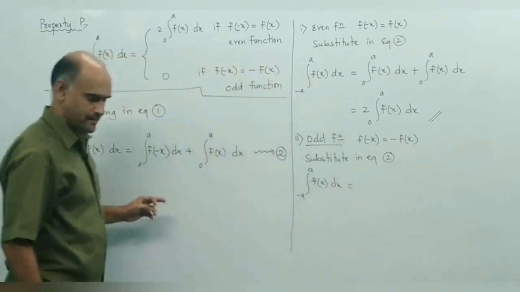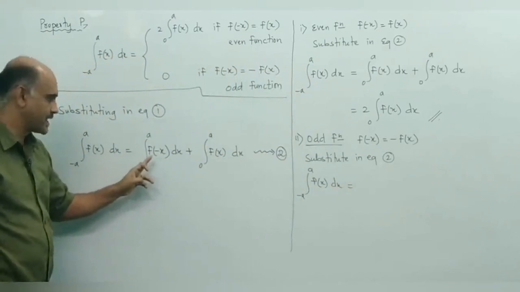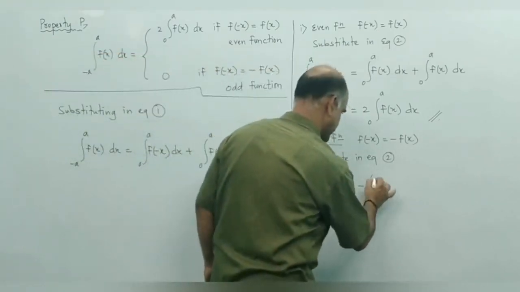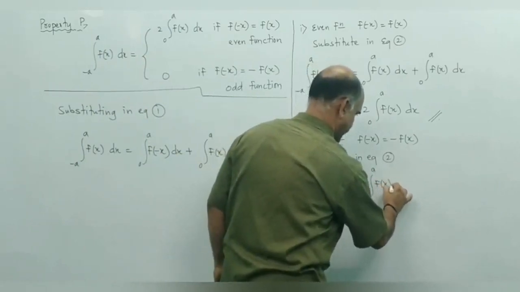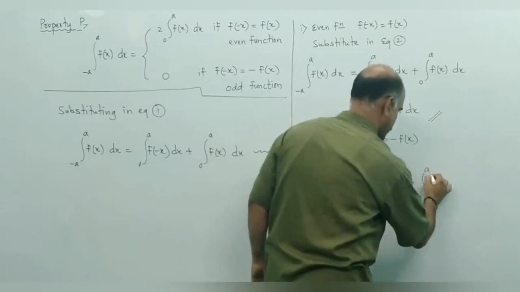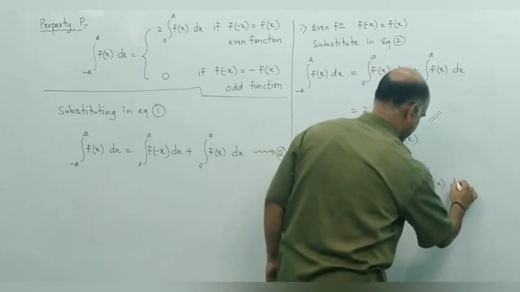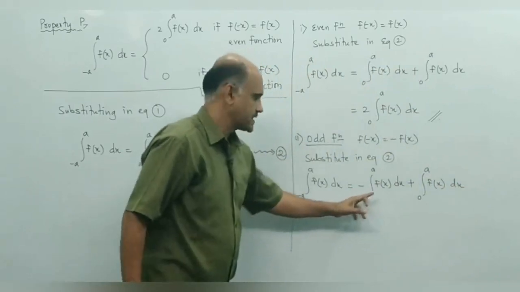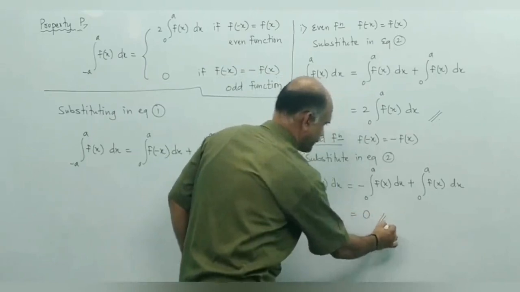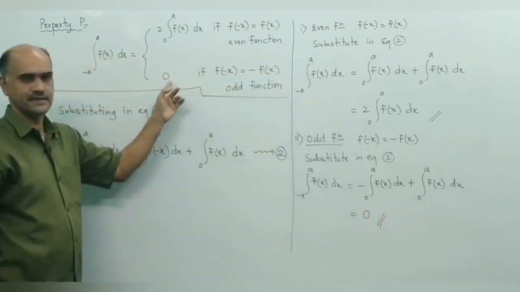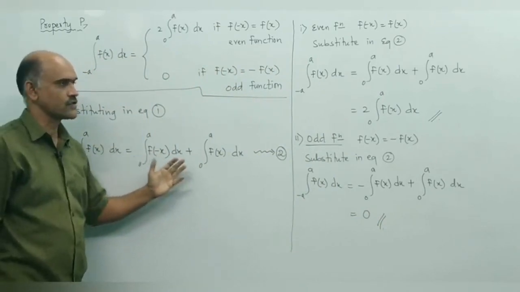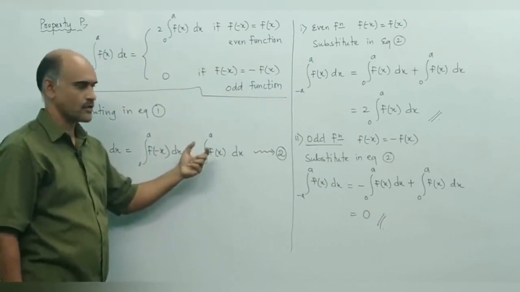Now in place of f of minus x, you will have minus f of x. So minus I will take out. This will be minus integral 0 to a of f of x dx, plus integral 0 to a of f of x dx as it is. So minus and plus cancel, and you will get the answer 0. That is our second one. Clear students? So in the next video, we will solve numericals, or you can say problems, on these.